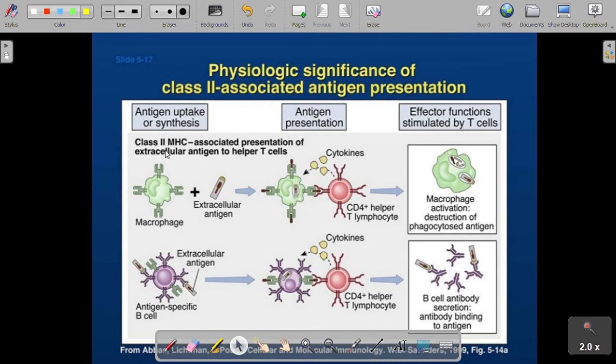So now we'll study the significance of the class 2 associated antigen presentation.